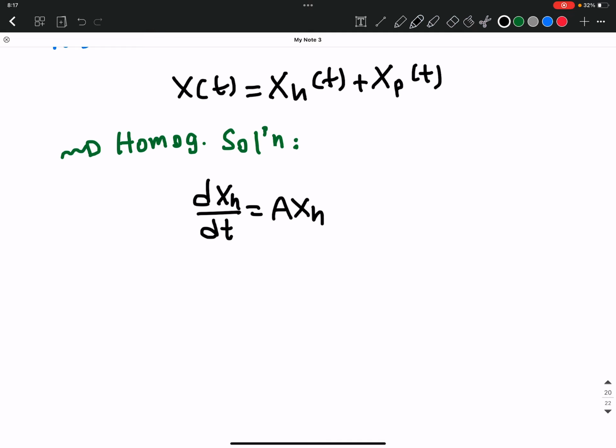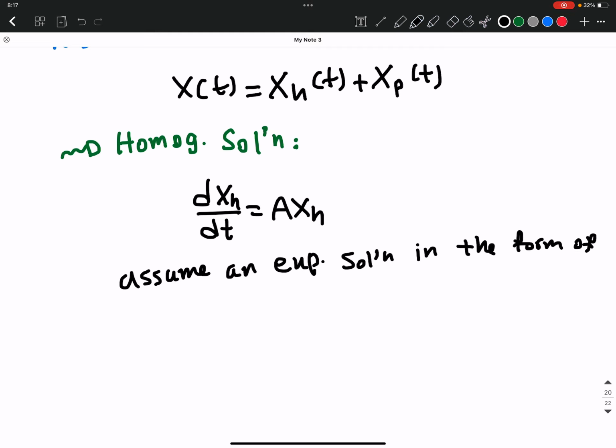I assume an exponential solution in the form of x_h(t) equals v e to the lambda t. Okay, so I assume it has an exponential solution in this form.